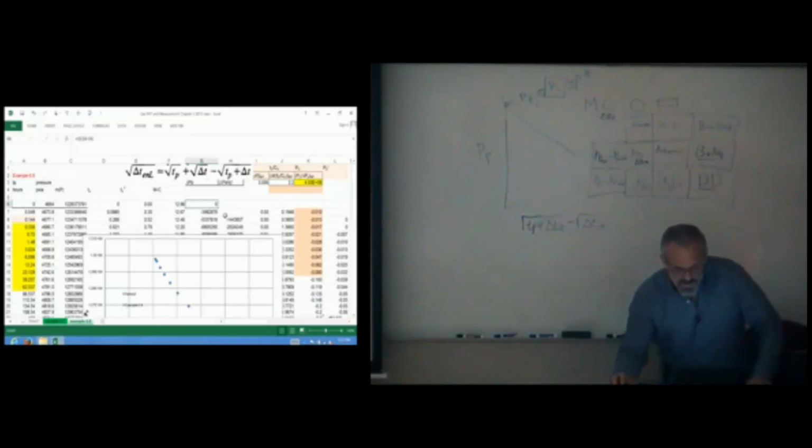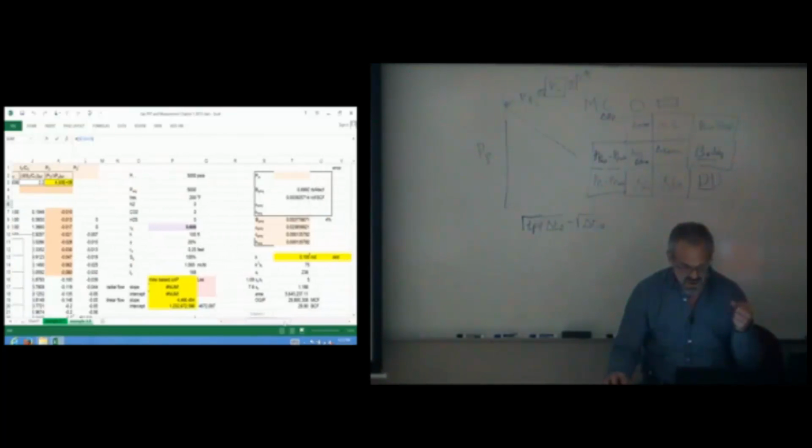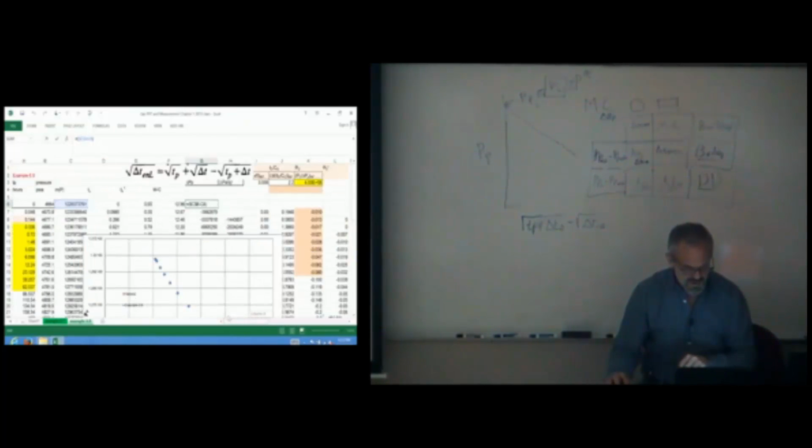On a buildup, delta pseudopressure is not equal to C6, which is the pseudo. See, it assumed that this was a drawdown. It assumed that the pseudopressure at time 0 was the pseudopressure initially. Okay?